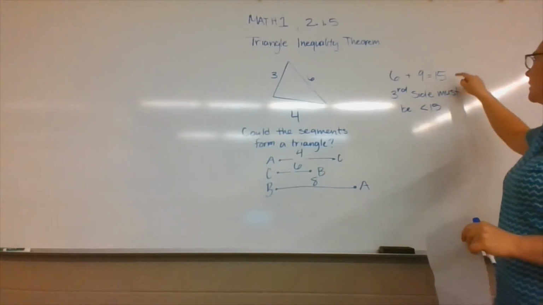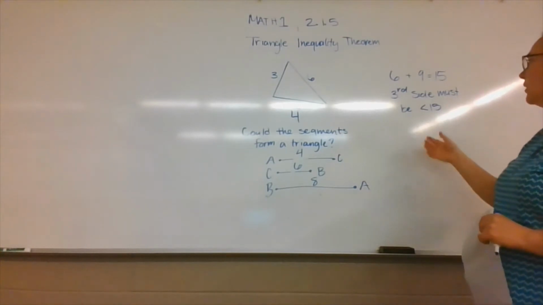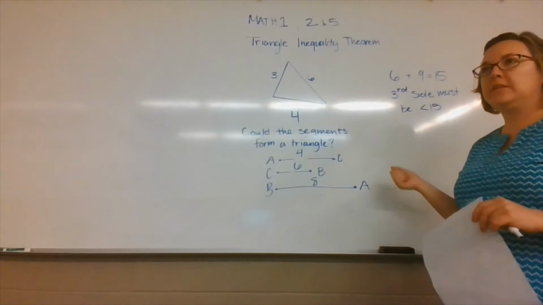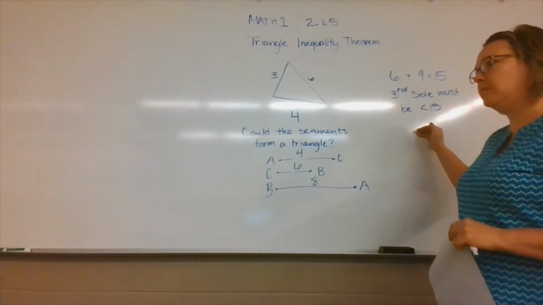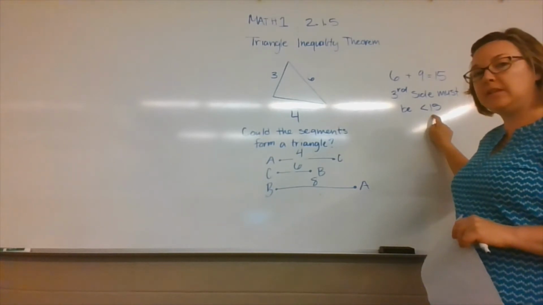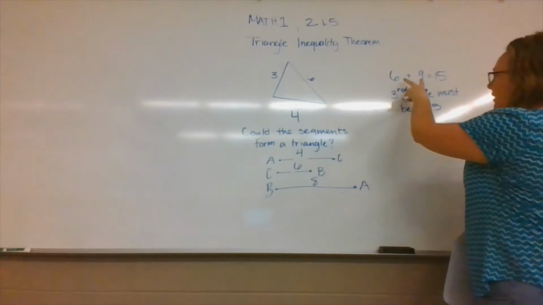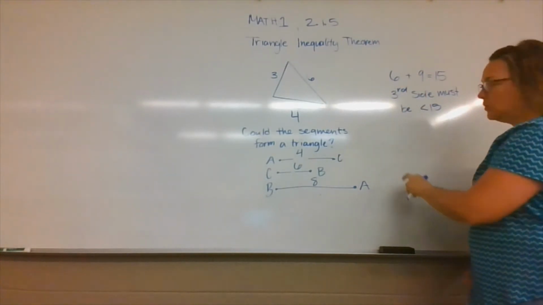So our third side must be less than 15, but a part of the triangle inequality is if we get that third side to be too small, obviously a big glaring example would be 0, right? If we have our third side being 0, which is less than 15, we don't actually have a triangle then, because we'd have the two side lengths of 6 and 9 laying on top of each other, and there would be no distance in between them.